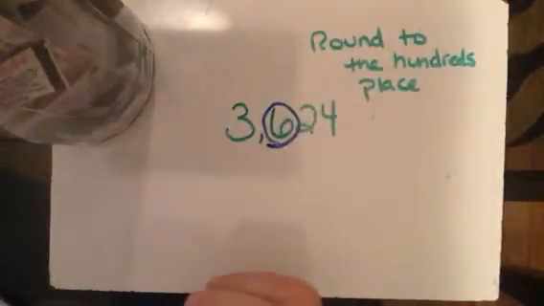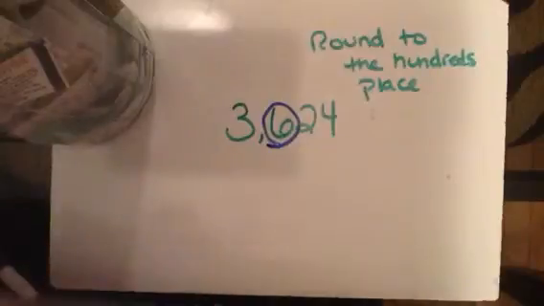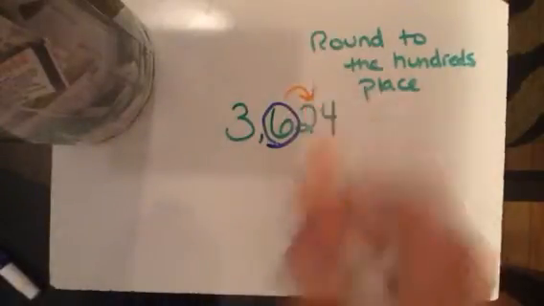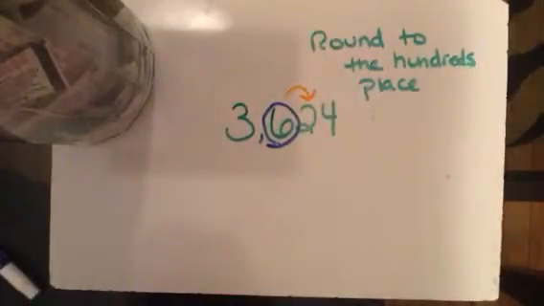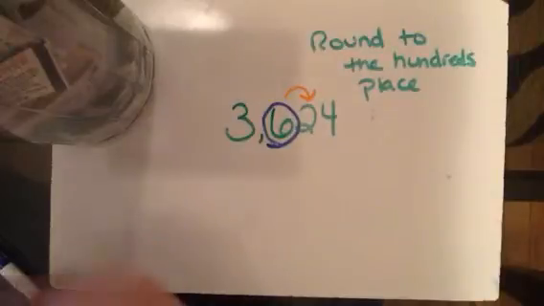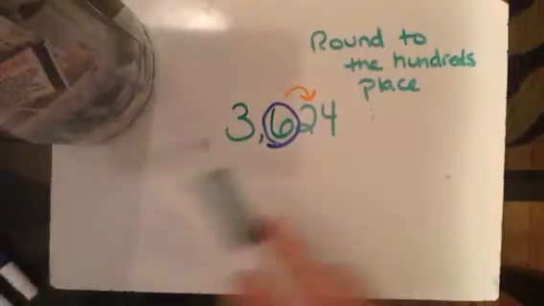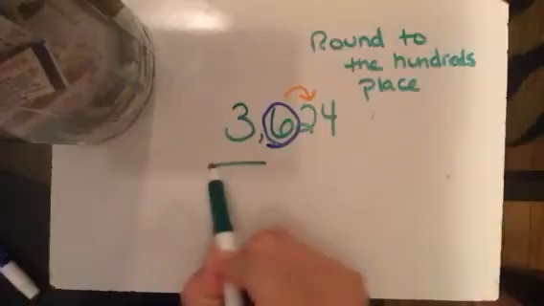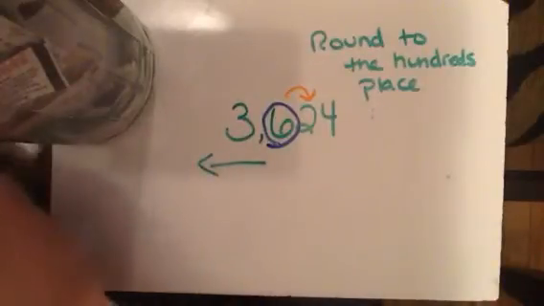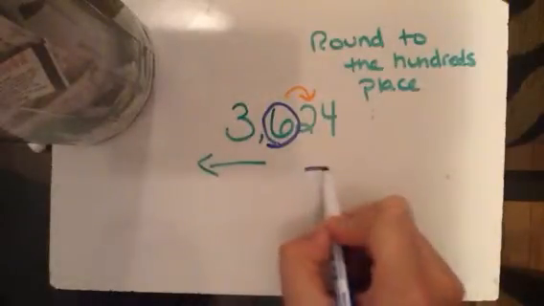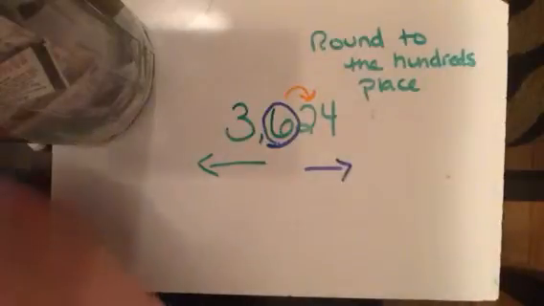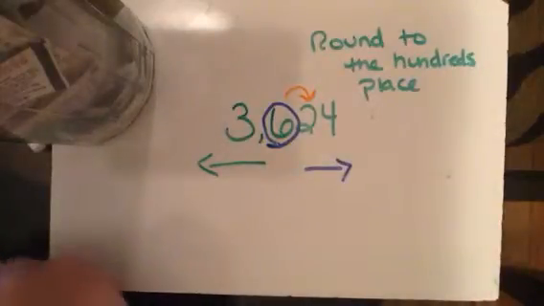Look right next door, 5 or greater, add one more. Numbers to the left remain the same. So these are numbers to the left. Numbers to the right, zero's your name.